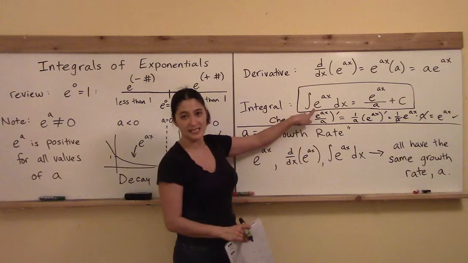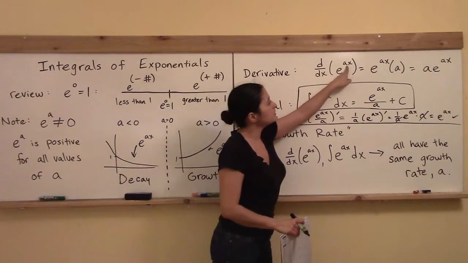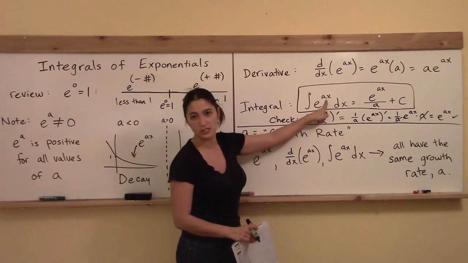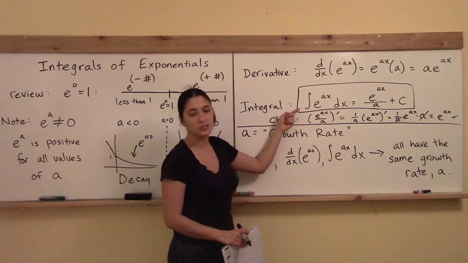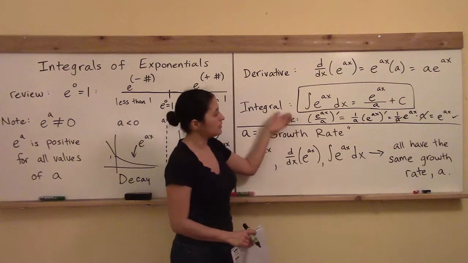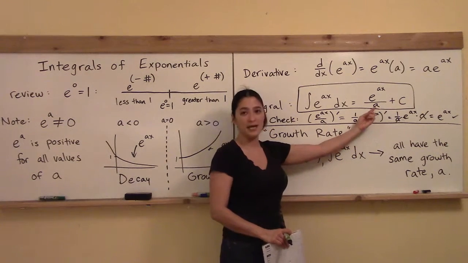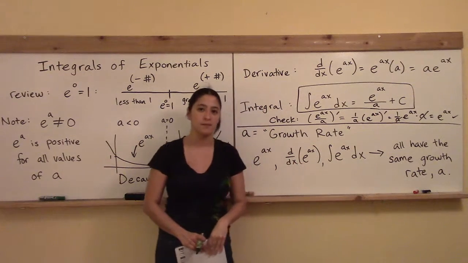Here, there is an inside function and an outside function, just like up here. The inside function is ax. So for your u substitution, you should let u equal ax. Alright, then if you go through the u substitution, you'll see that you have to end up dividing out by a to match the du and the dx, and that's where the 1 over a comes from.